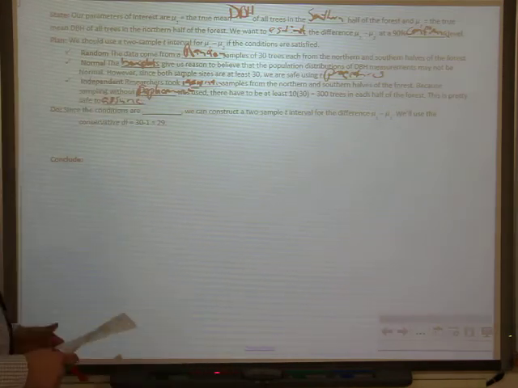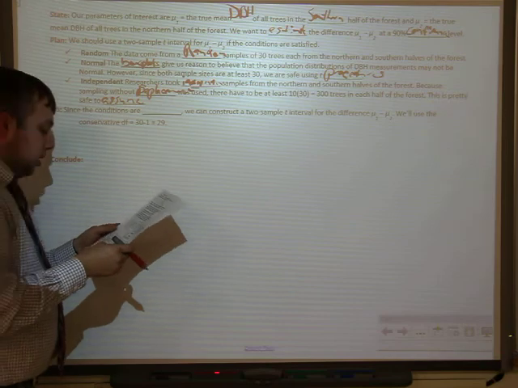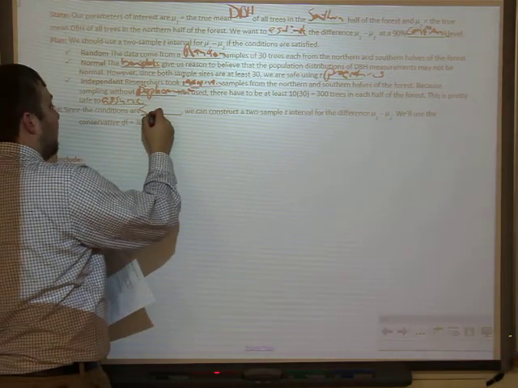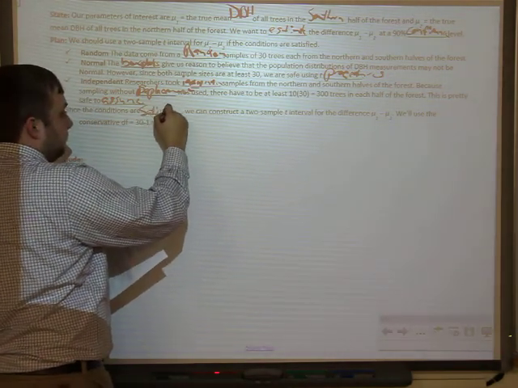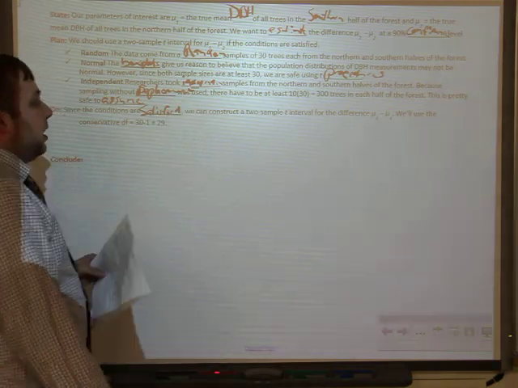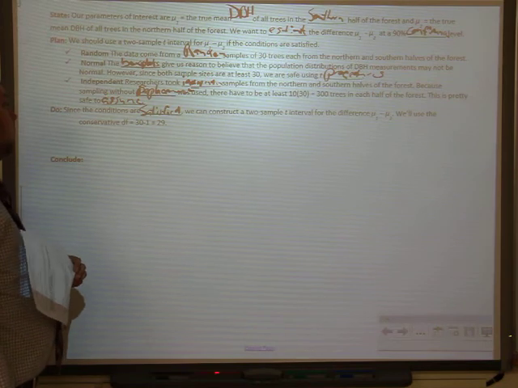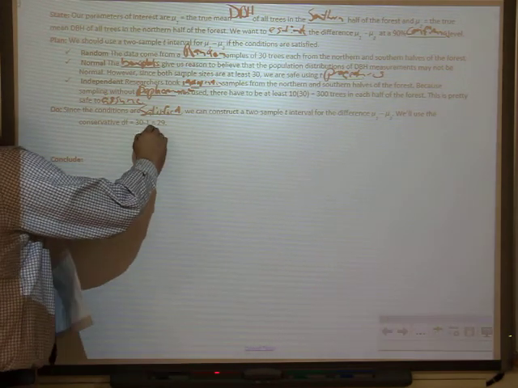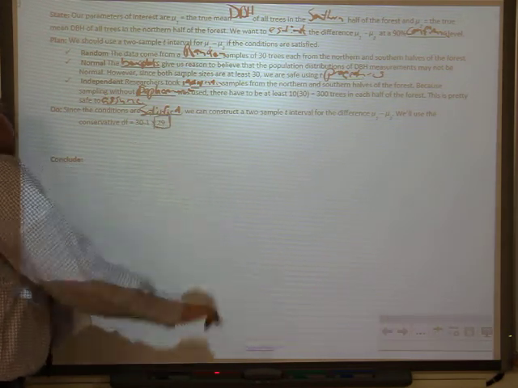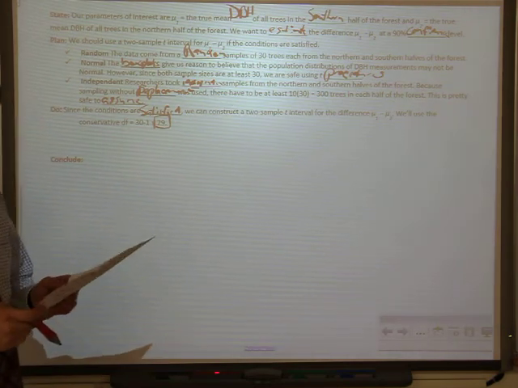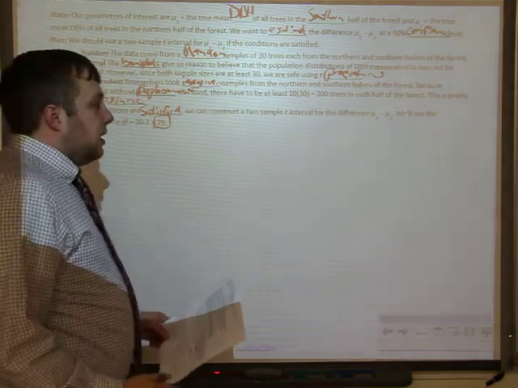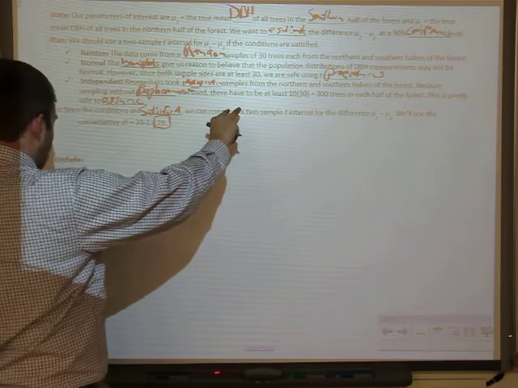So now we're on to the do. Since the conditions are satisfied, we can construct a 2-sample interval with degrees of freedom of 29. Alright, so here we go.